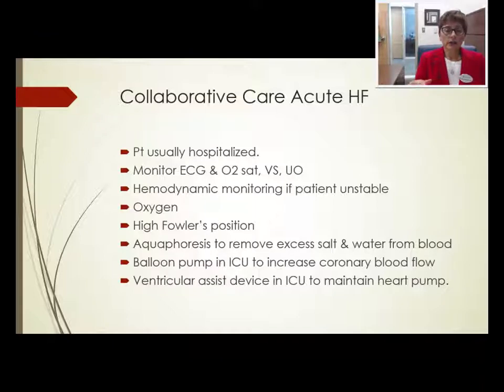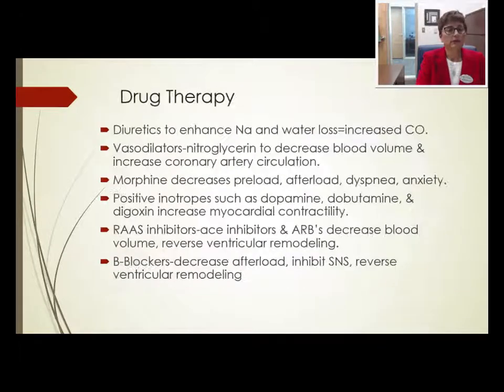If they're very, very sick and the heart is so weak, they may get a balloon pump in the ICU, and that helps to increase coronary blood flow and give the heart a little rest. And then a ventricular assist device is another thing to help the heart pump, to maintain that heart pump.